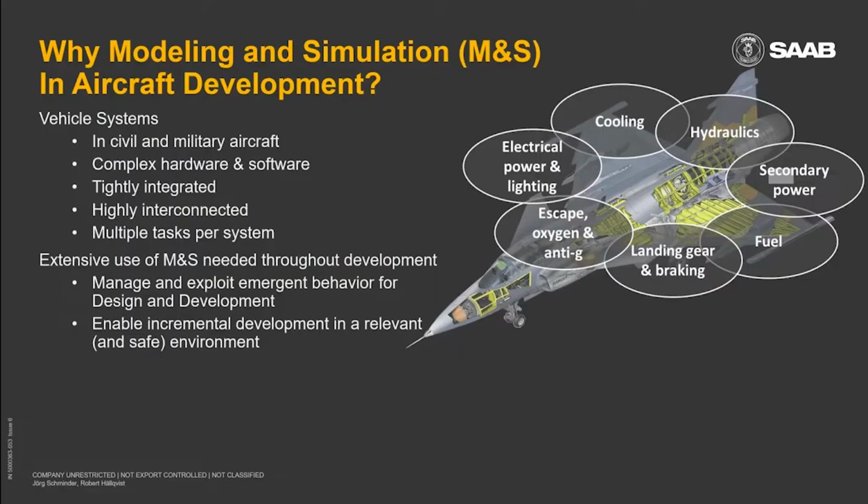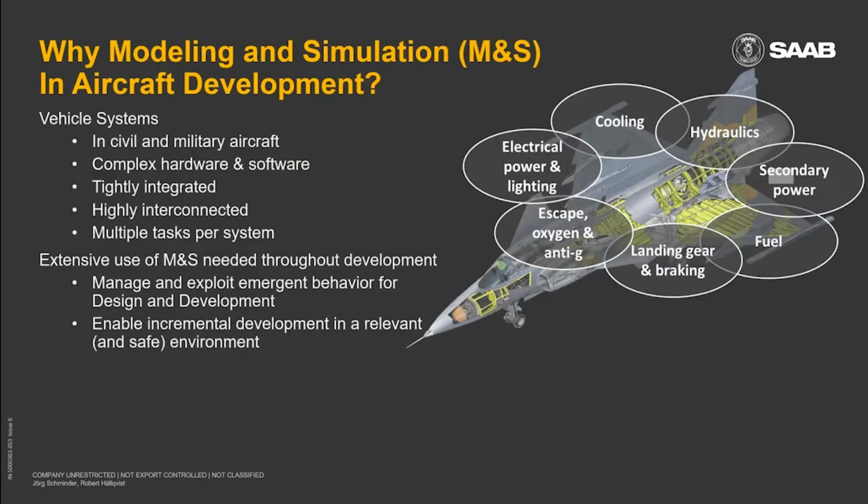And this is, at large, one of the reasons why we need to use modeling and simulation during development, in order to not only cope with emergent behavior that arises when these different subsystems interact, but also to exploit them to make a better product in a safe way during development.